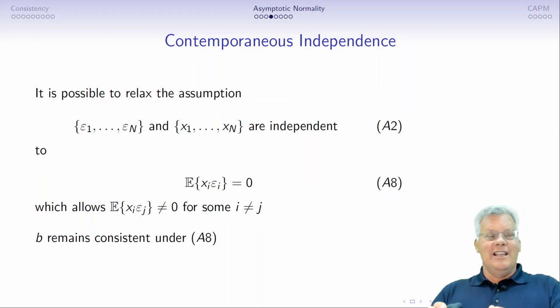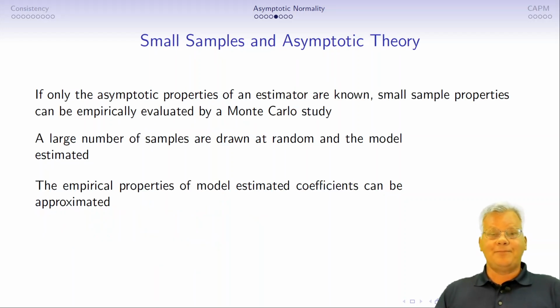But you notice that since it is a lagged dependent variable, it can be correlated with some of the lagged stochastic disturbance terms. So in an equation such as this, the small sample properties are unknown, but beta remains consistent as long as assumption A8 is satisfied.